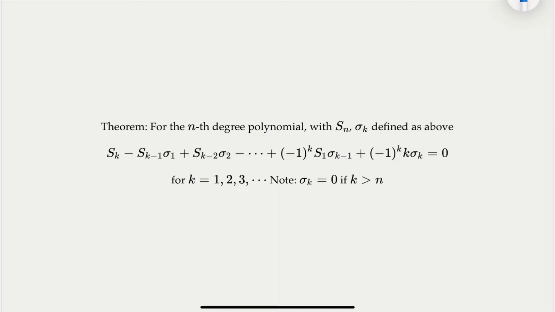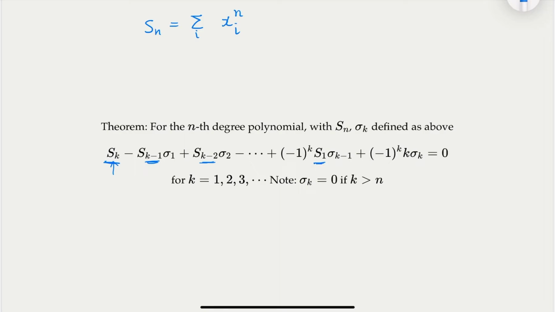That is the Sk. Now recall that Sn is actually the sum of all the roots xi to the nth power. For the nth power of all the roots, you add it up. Now we have this recurrence of Sk, the kth power sum, with Sk minus 1 and Sk minus 2, and so on down to S1.